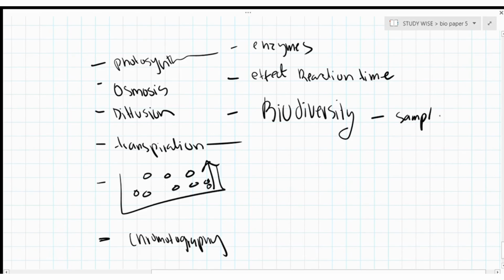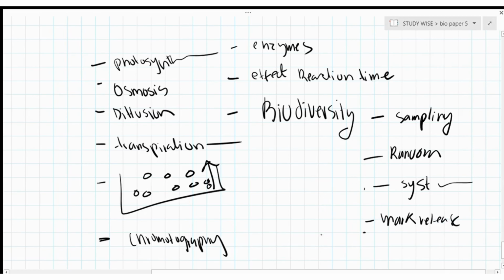So there's random sampling, it could be systematic, and it could be mark release or capture. You could use the systematic or the random and then calculate the percentage cover. There are many specific sets of experiments that are usually repeated in many exams, so you need to get yourself familiar with them, and of course I'm going to explain all that in separate videos in detail.